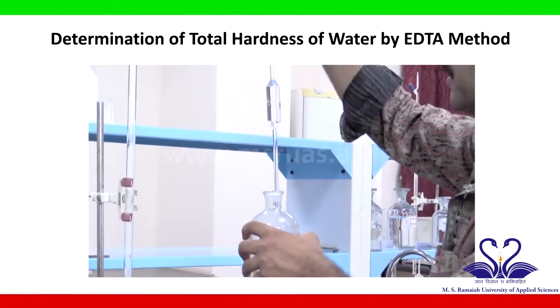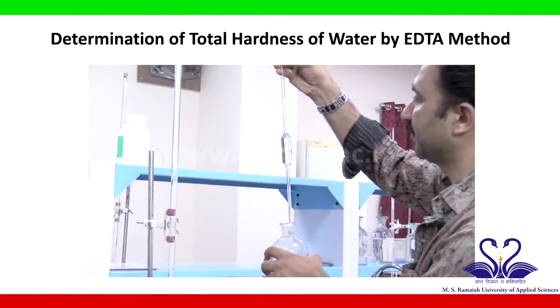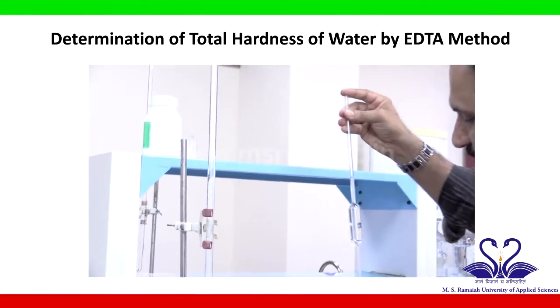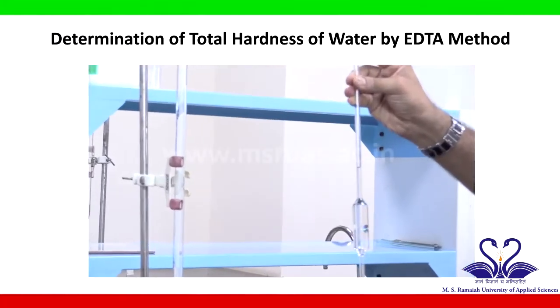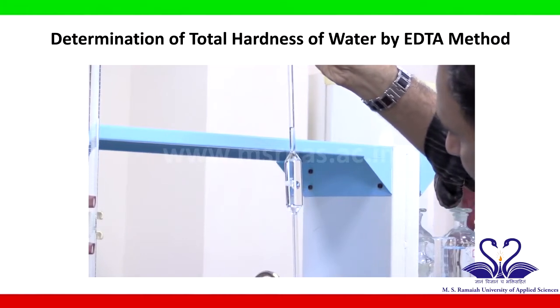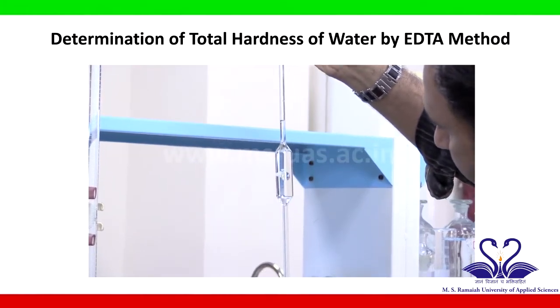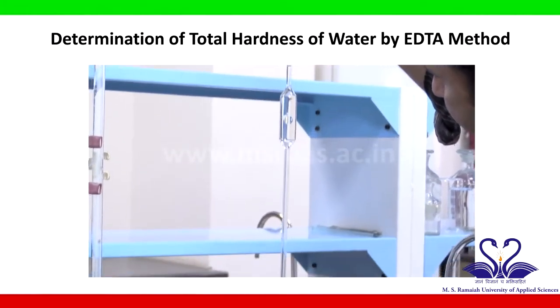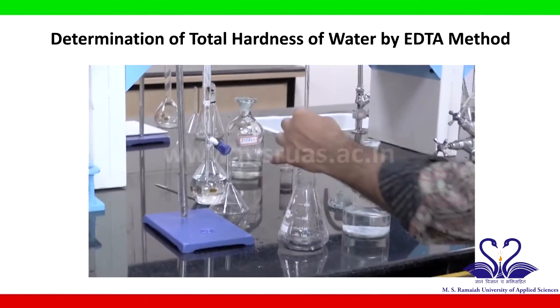So I am using a 25 ml pipette. Okay, so I have to slowly leave it. So I adjust it, bring it near to your conical flask, adjust it to the mark. Yeah, the lower meniscus should touch the mark.